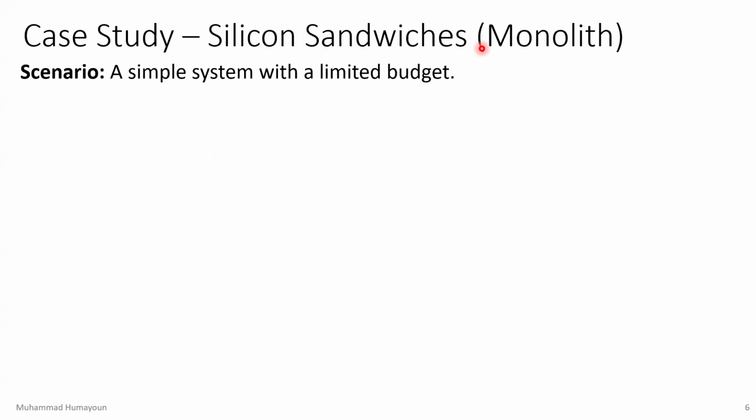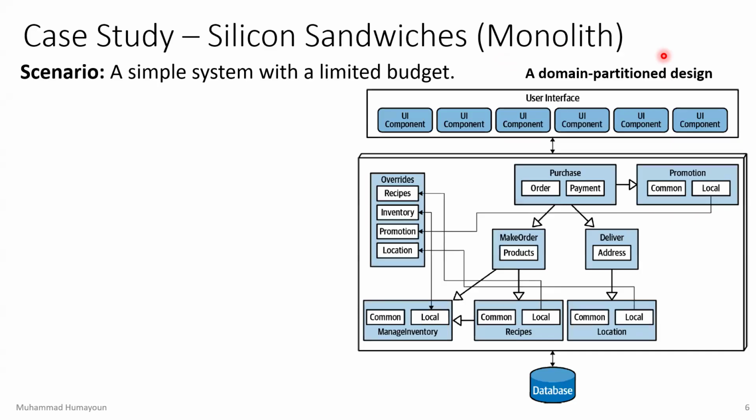The scenario is a simple system with a limited budget. So we are constrained by budget, and we want to have a simple system. Based on that restriction, we are going for a monolith. If it is a monolith, it could be a domain partition design or a layered architecture. We discussed that previously in one of the lectures.